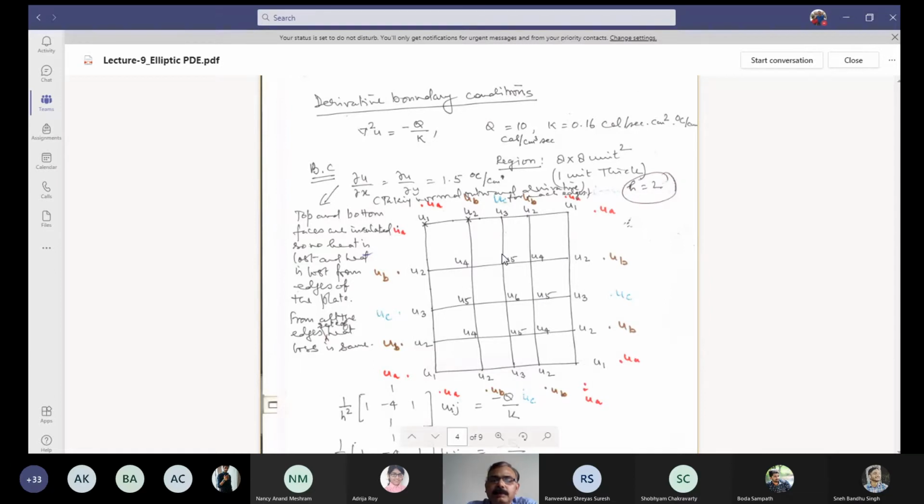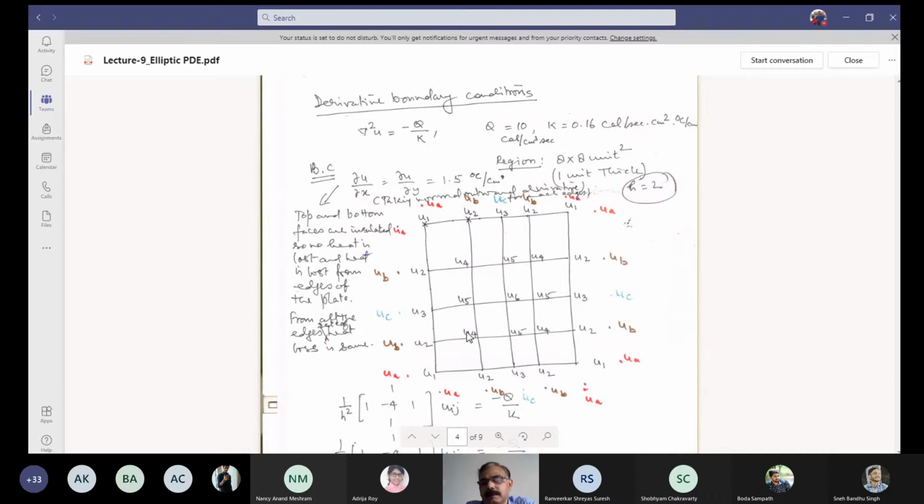Same situation is here, 1 unit from here and 2 units from here. So this also will be U5. If you see this position, this will also be U5, 1 unit from here and 2 units from here, whichever side you take.